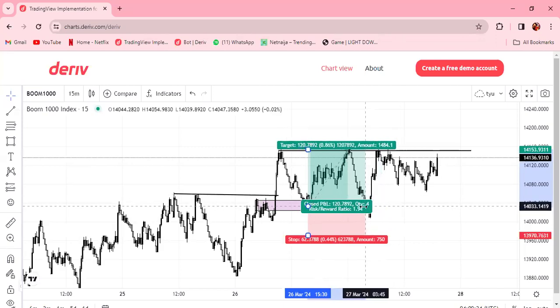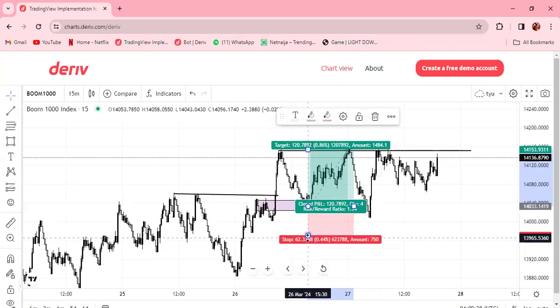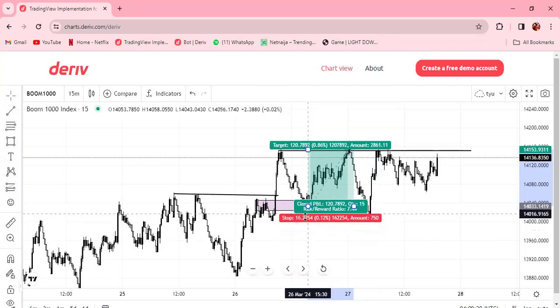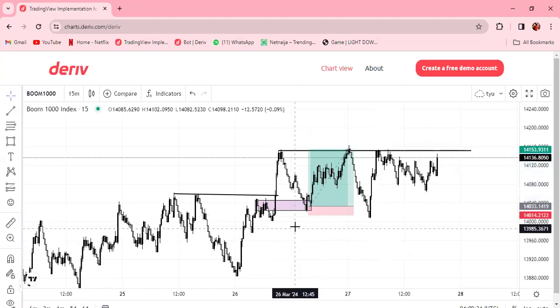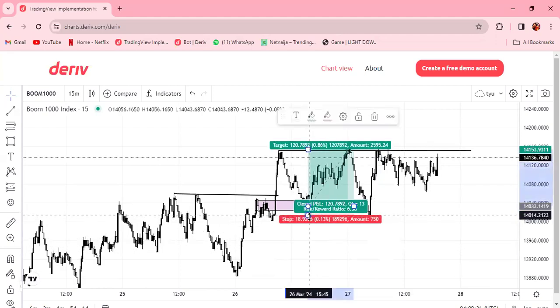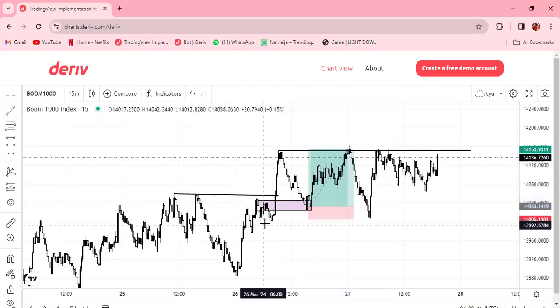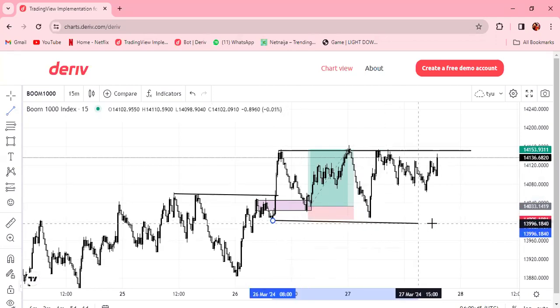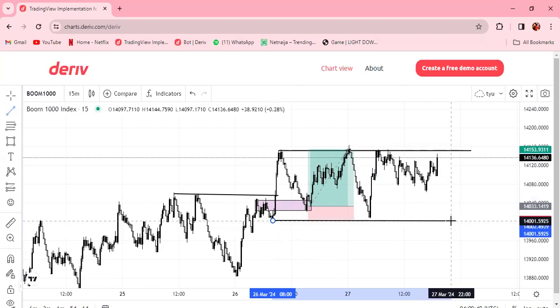So in this case, price hits your take profit, right? But you expect it to break to the upside. Now, the thing is, your stop loss should always be below the swing low. So if this is our swing low, then we need our stop loss to be right here.